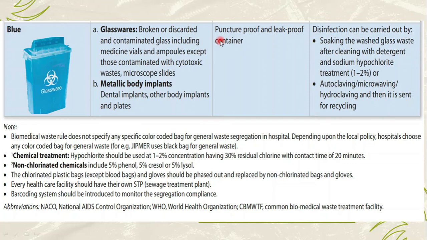These containers should be puncture-proof and leak-proof, and they are further disinfected by soaking the washed glass waste after cleaning with detergent and sodium hypochlorite treatment 1 to 2%, or by autoclaving, microwaving, hydroclaving, and then it is sent for recycling.